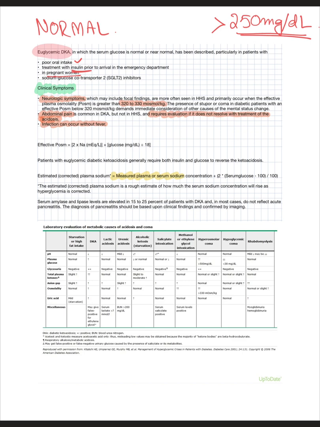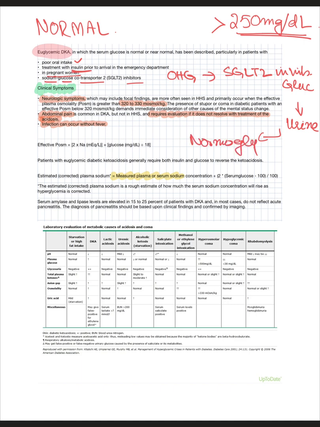Or it can happen with the patients who are on oral hypoglycemics called sodium glucose cotransporter 2 inhibitors, SGLT2 inhibitors. They work by excreting glucose in the urine, hence, it leads to normoglycemia.